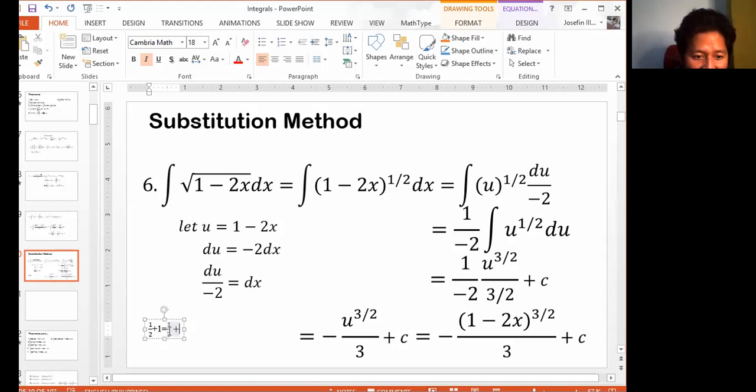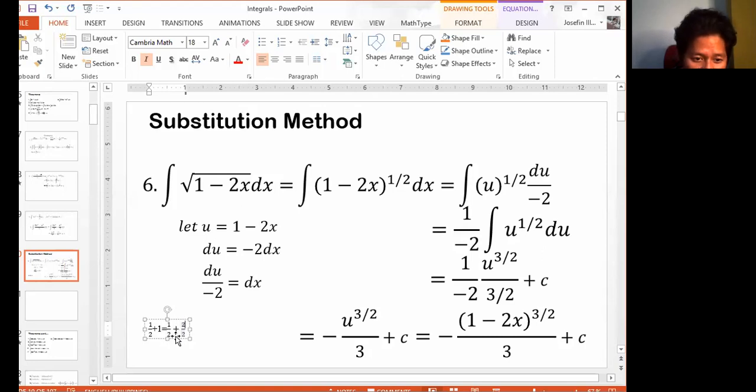Ano mangyayari dito sa ating pangalawang number, yung 1? Magiging 2 yung denominator. Ano magiging sa numerator niya? 2 divided by 1 is 2. So, times 1. Kaya magkakaroon tayo ng 2 sa numerator niya. Diba? So, bago tayo mag-add ng fraction, dapat same yung denominator. So, 1 plus 2.